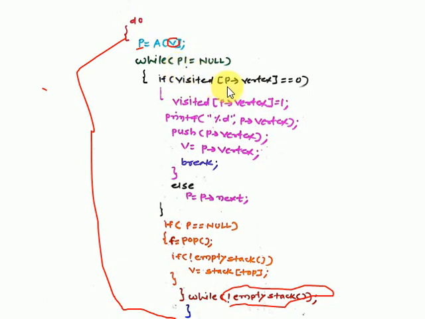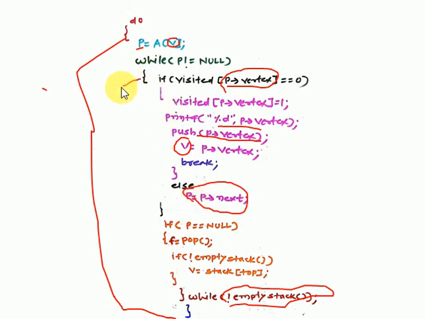I'll select that vertex of P, and if that vertex is not visited, I'll mark it as visited, display that vertex and push that vertex onto the top of the stack. Then I'll mark that vertex as the current vertex V. Then again I'll continue further. If that particular vertex is visited, I'll find the next adjacent vertex of vertex V. So through P I'll traverse to the next adjacent node.